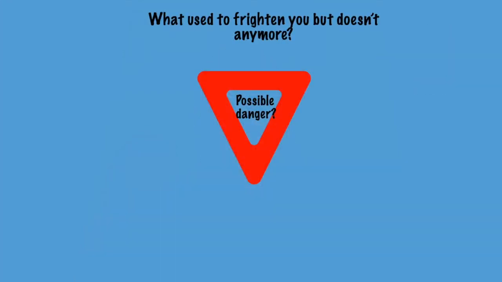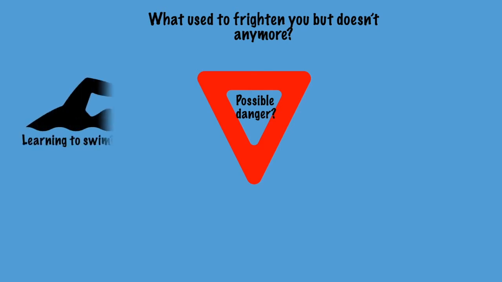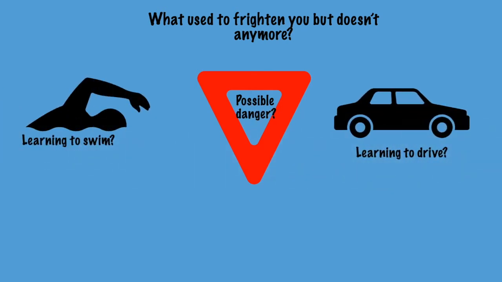So we know the theory of ERP, but how do we do it? I'd like you to think for a moment about how you've learned to do something that was new to you once upon a time. Perhaps something that you found difficult at one time in your life. Do you remember learning to drive for the first time, or how to swim? Did you get straight in a car and drive as fast as you could on a motorway? Did you jump straight off the top diving board into deep water?